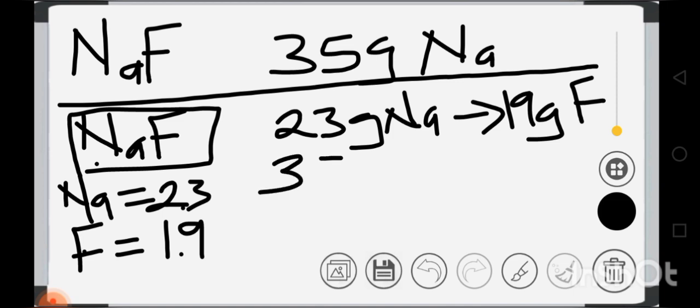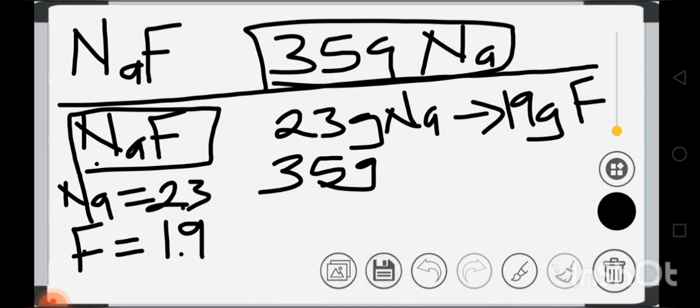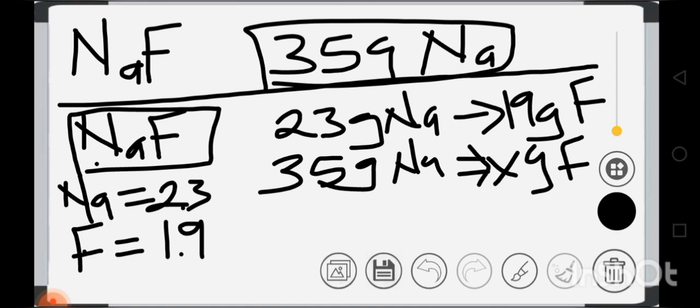But from the question, how many grams of fluorine will be present if I have 35 grams of sodium? So you cross multiply.